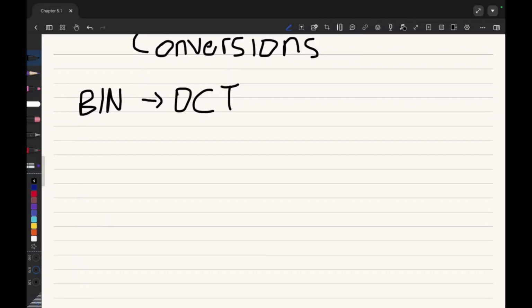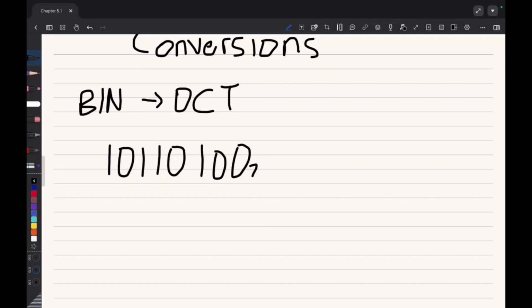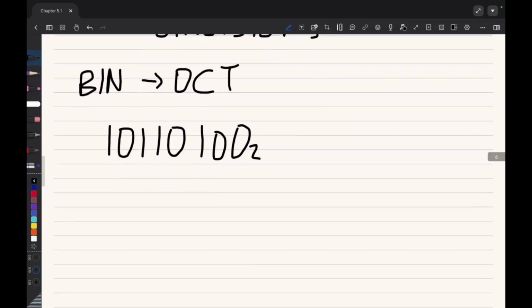Now the binary to octal. Let's take this number, which is in base 2. This is binary. Let's convert this number to octal.